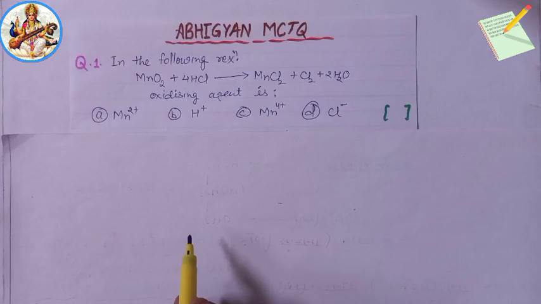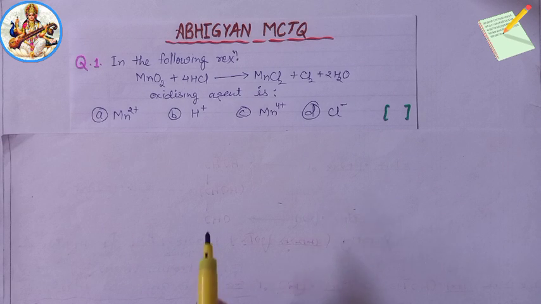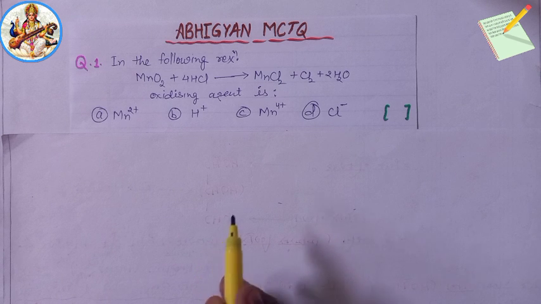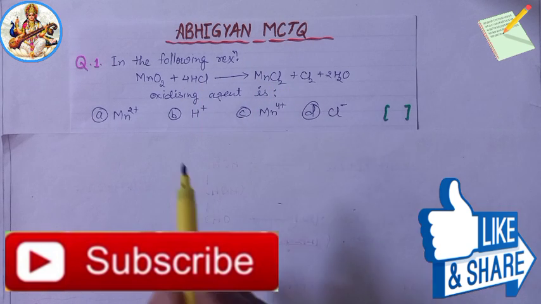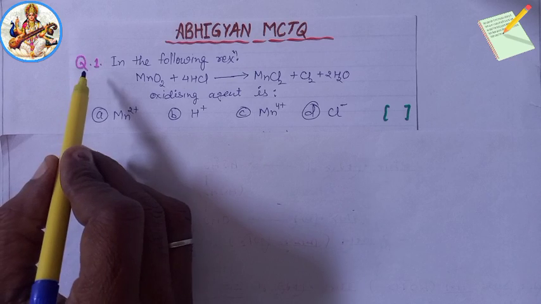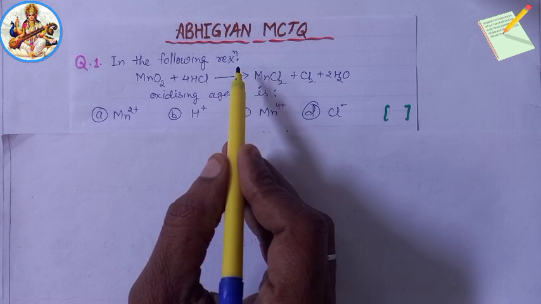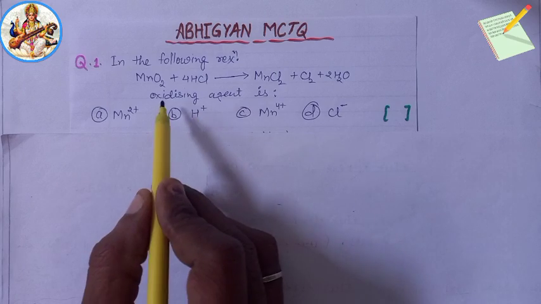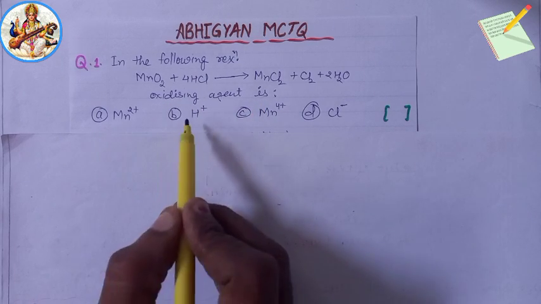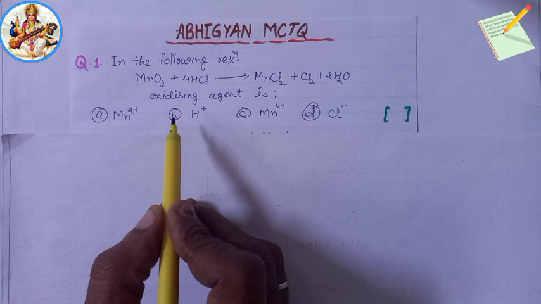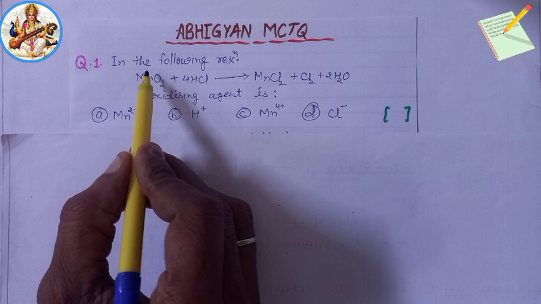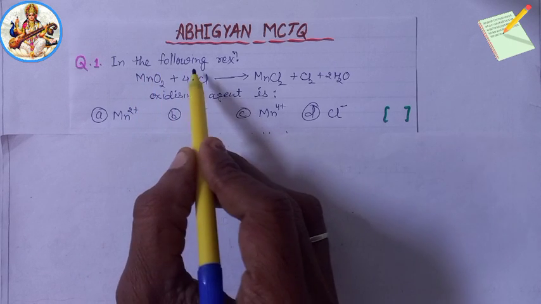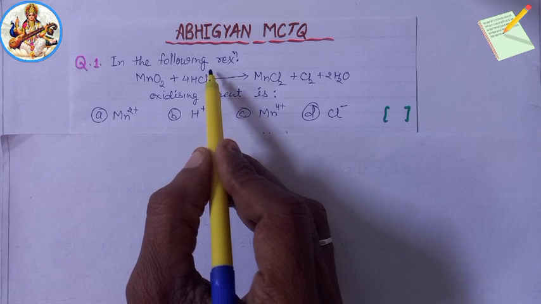Very important. Now we will take some multiple choice questions. You can solve all these questions yourself after pausing the video. Welcome again to the multiple choice question series. Question first: in the following reaction, which is the oxidizing agent, options A, B, C and D. In this reaction, the oxidation number of manganese is +4, oxygen is -2, hydrogen is +1, chlorine is -1.